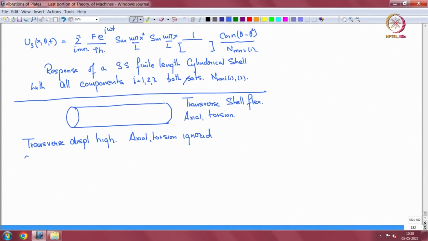Or if the shell is stubby, like diameter and the length are of similar order, then the axial and torsion natural frequencies are very high.